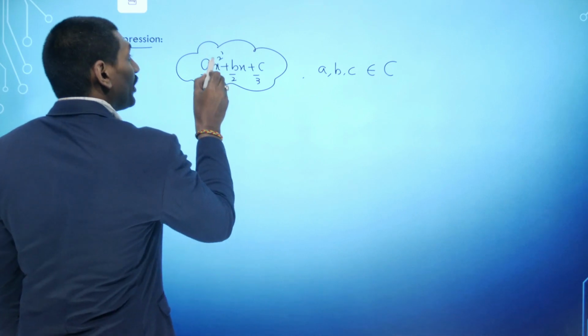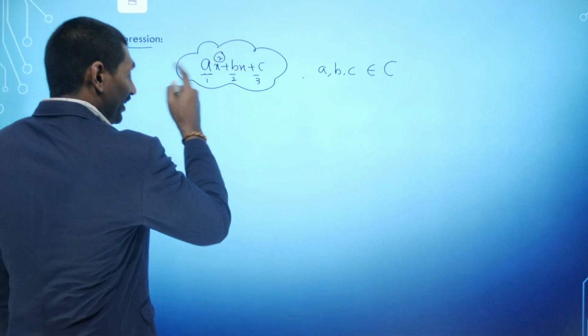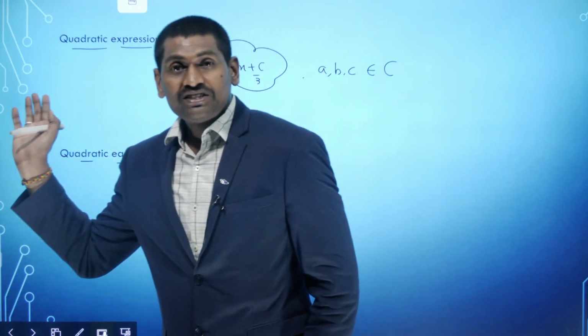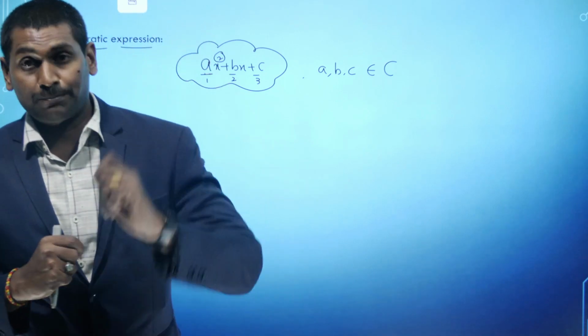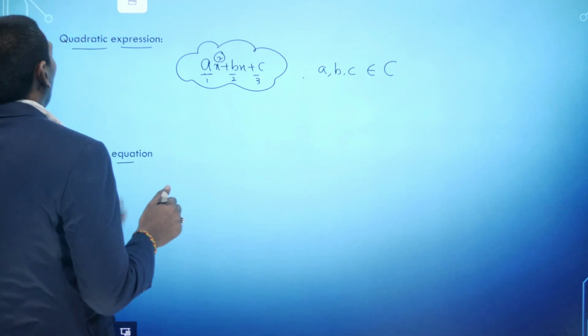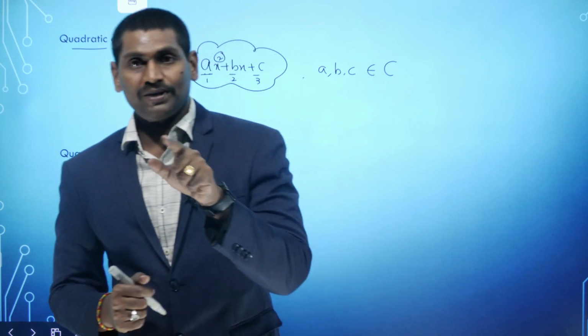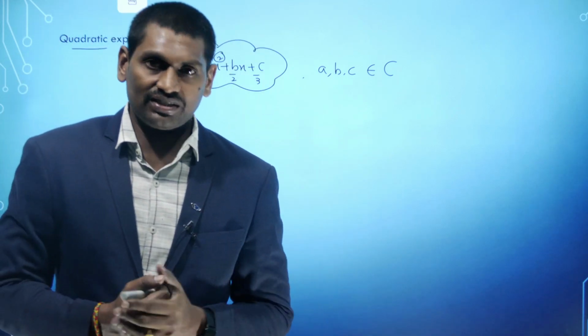Observing the exponent of the variable among the three terms, the highest exponent is 2, so the degree of this expression is 2. We call this expression a quadratic expression, in the form of ax square plus bx plus c, where a, b, c are coefficients.